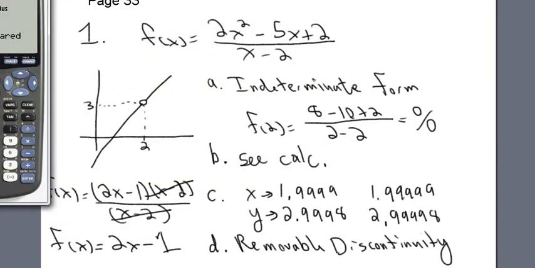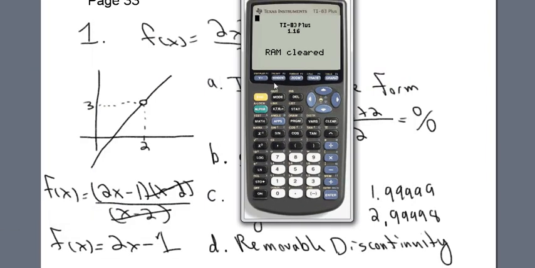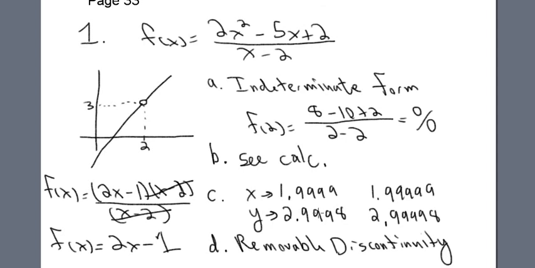If I plug in as my equation 2x minus 1 and hit graph, it looks the same. Set up my table. That's fine. Starting at 0, counting by 1s. If this were the other function at 2, it would have error. On this one, we don't have an error. It now says 3. So we removed the discontinuity. That is why it's called a removable discontinuity.